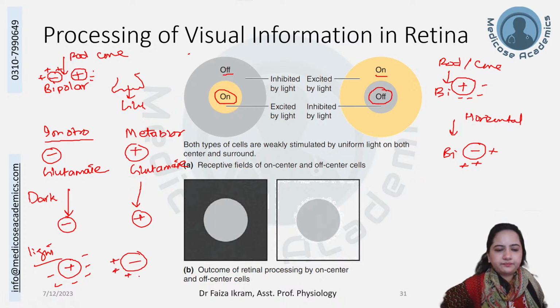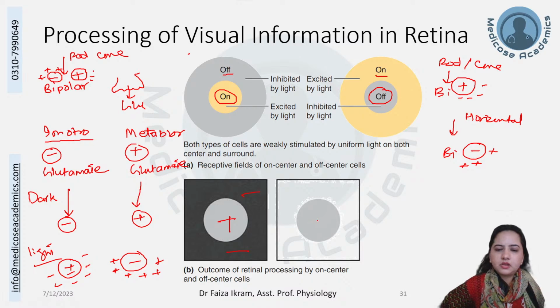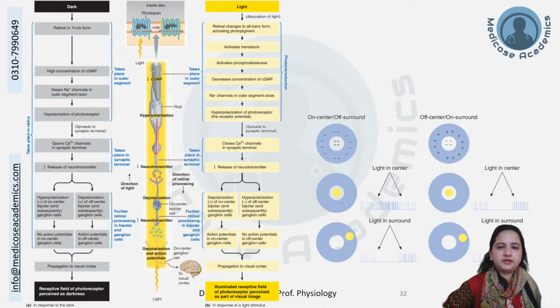So we will call these bipolar cells on center off surround, and off center on surround, and their image will be perceived like this in case of light. This is on center off surround. This is off center on surround. So because of difference in the receptors present on the bipolar cells, glutamate will have different effects on the bipolar cells and they will respond differently.